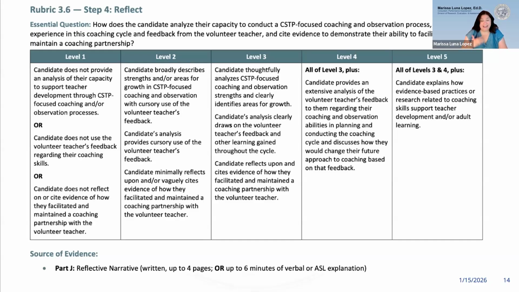And sometimes it's icky to have that conversation when you have to talk about someone's spaces for growth, especially if a candidate is coaching another teacher in the classroom next to them, or a friend, and they have to say what they see as strong with the CSTP, and then identify areas for growth.